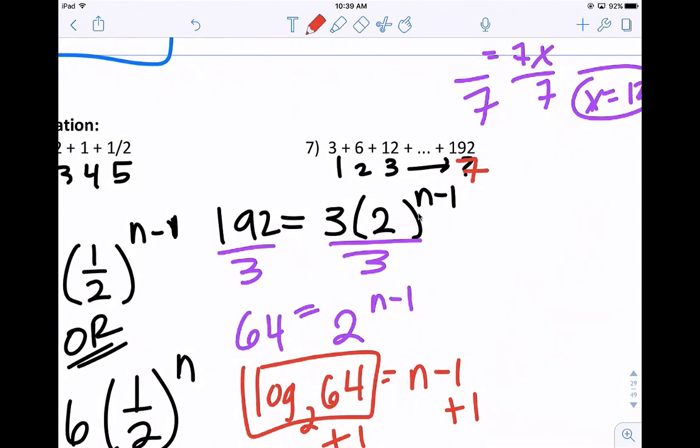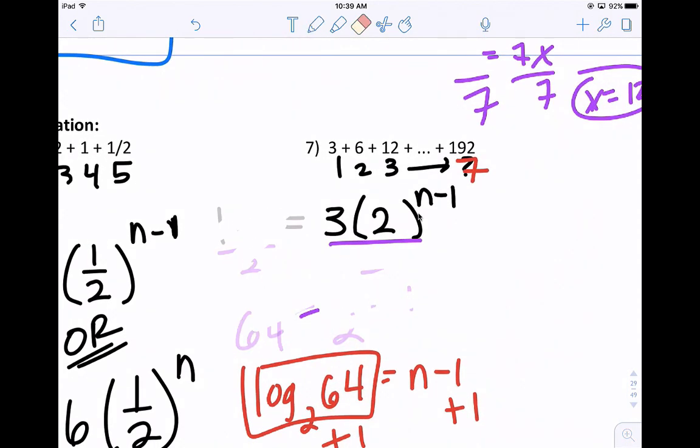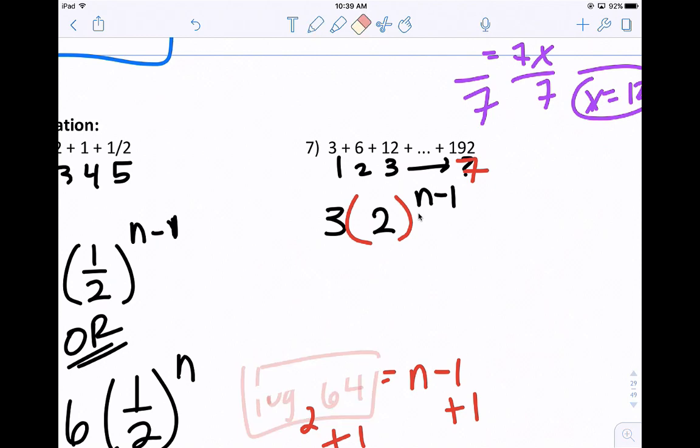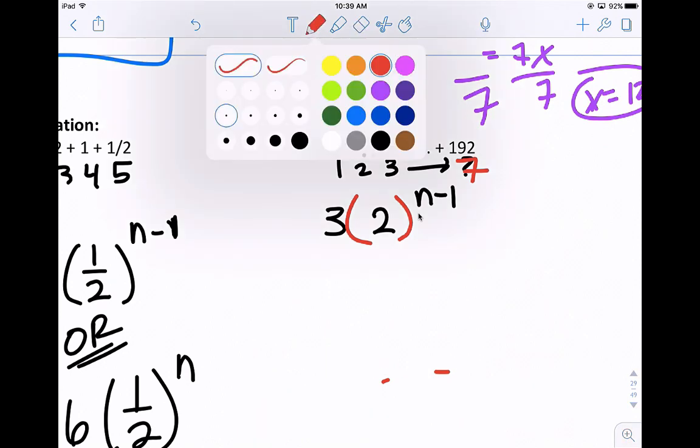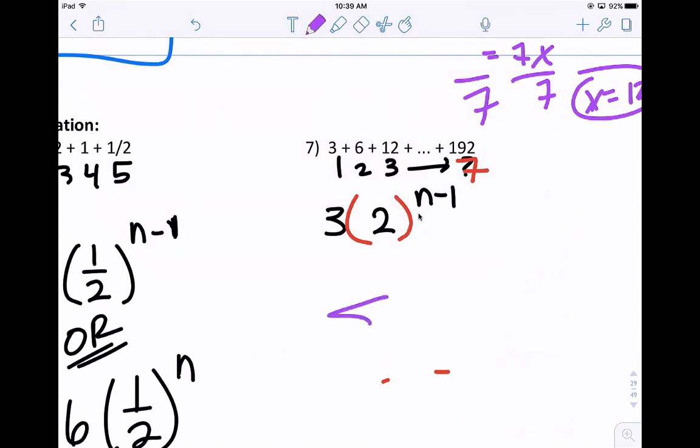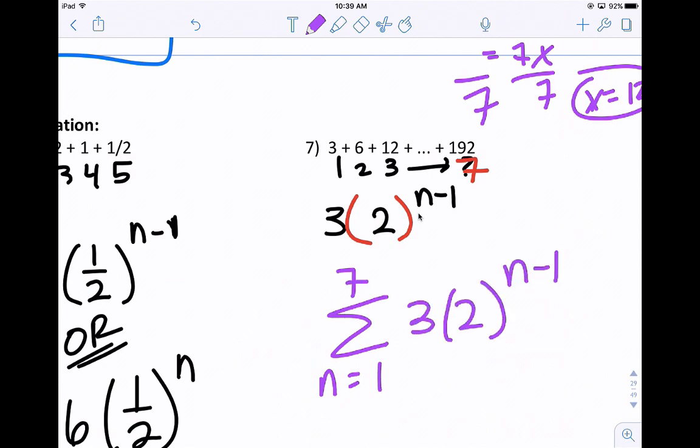All right, let's write the explicit formula for this. So again, I'll just write it down here. I apologize. Okay, write it in purple. So here's sigma notation. And this starts at the first term, goes to the 7th term, and we put the explicit rule here.